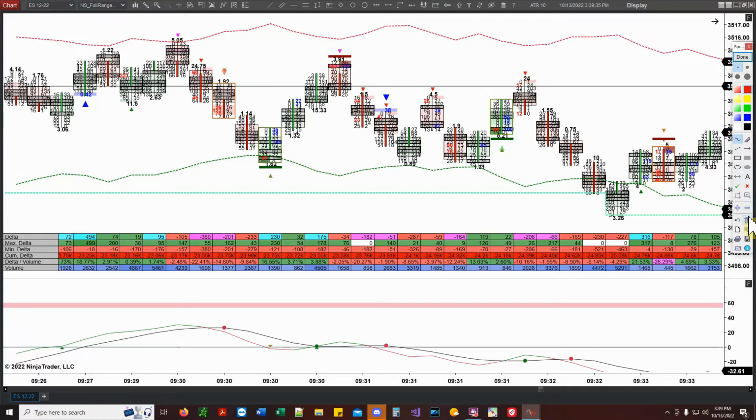So that's one clue that I use. You have to pay attention to those numbers at the top right hand side of that bar for the buy side.